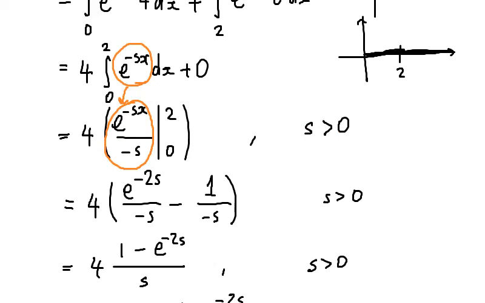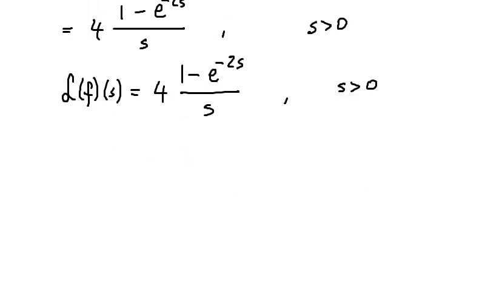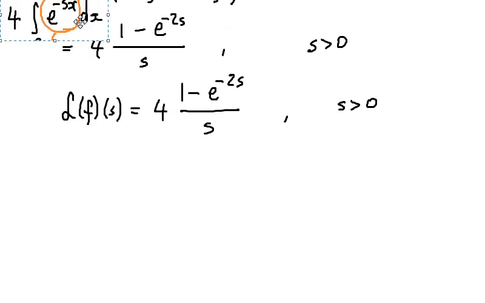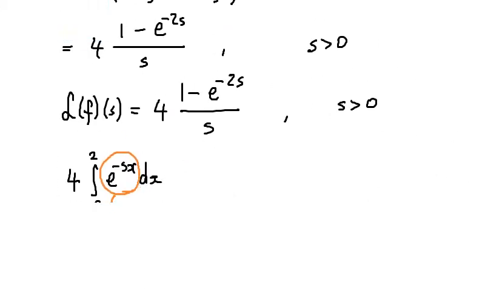So what will the integral be when s is 0? In the case when s is 0, let's first of all copy down this expression. So the question is, what is this integral equal to when s is 0?